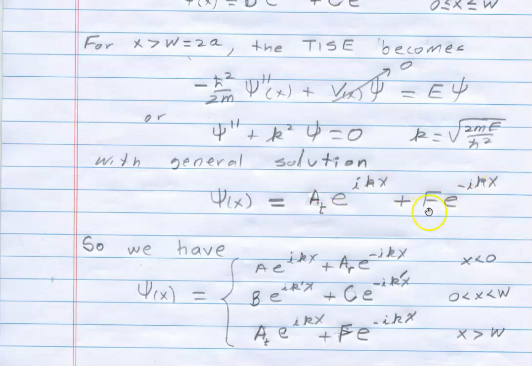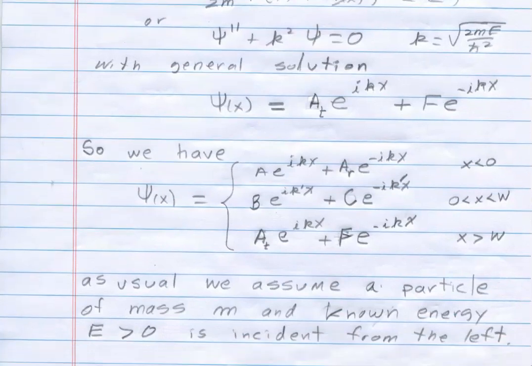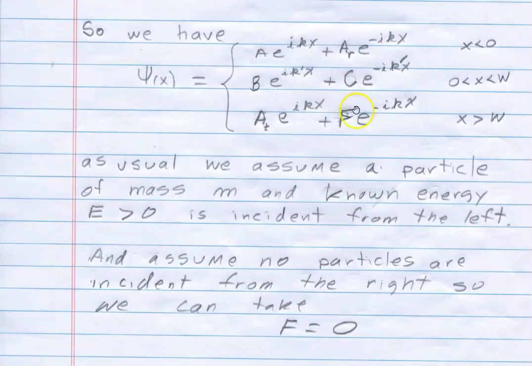Then I get another one, which I wrote, at least temporarily, as an amplitude f times e to the minus i kx. This one is going from the right to the left. So our general solution, I probably could have just written this down immediately, is of this form in all these regions.